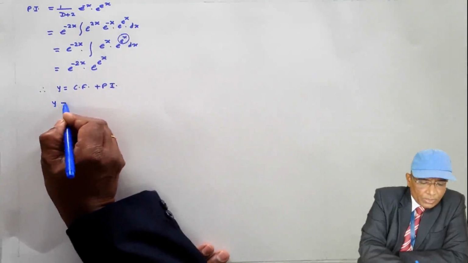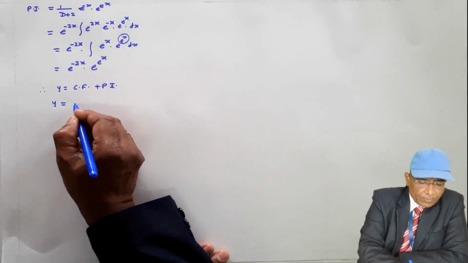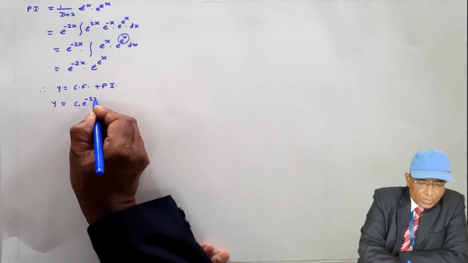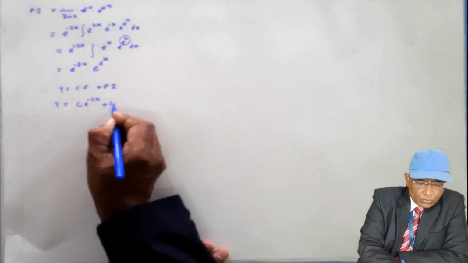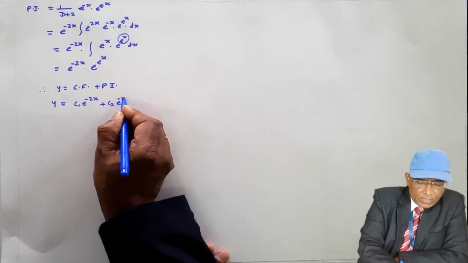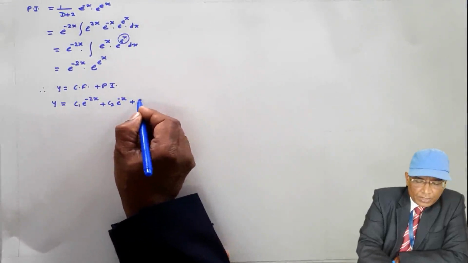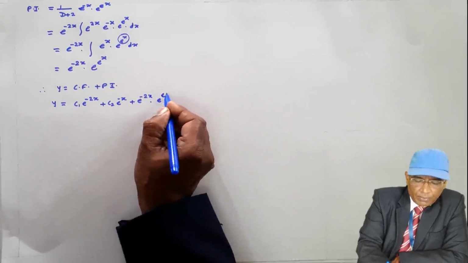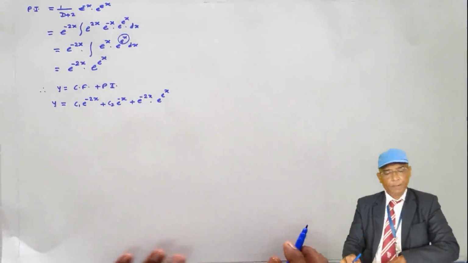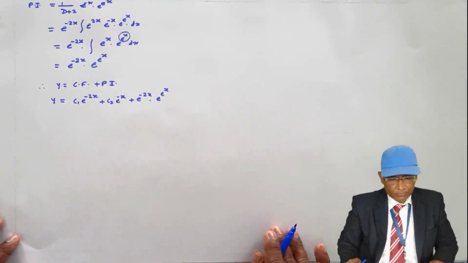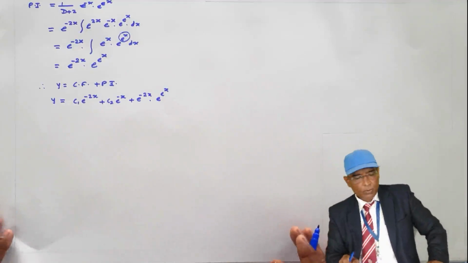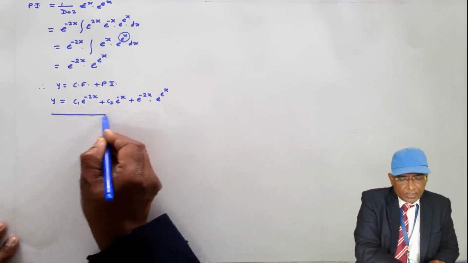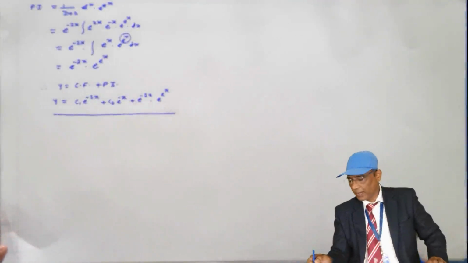Putting the value of Cf, which was C1 e raised to minus 2x plus C2 e raised to minus x, plus the particular integral e raised to minus 2x multiplied by e power x. This is the solution to the differential equation.